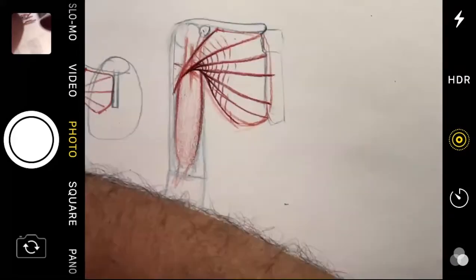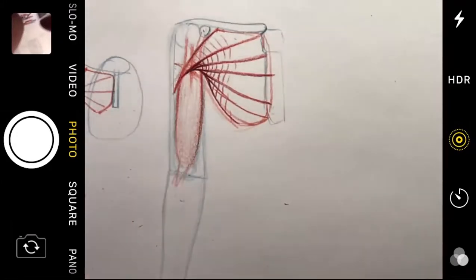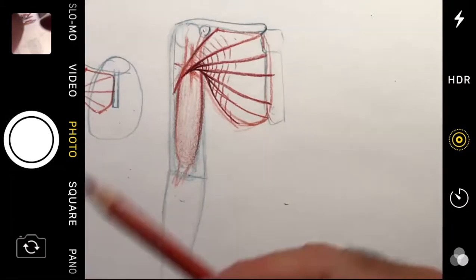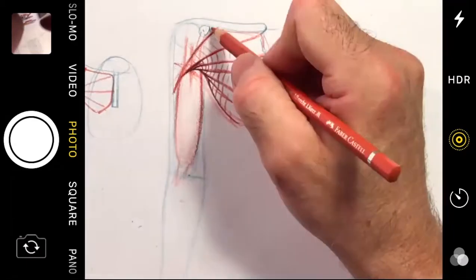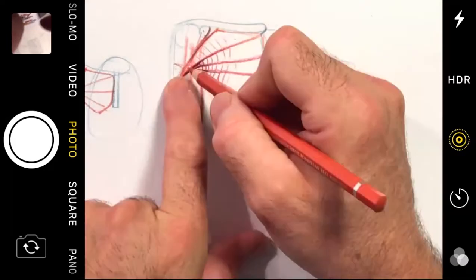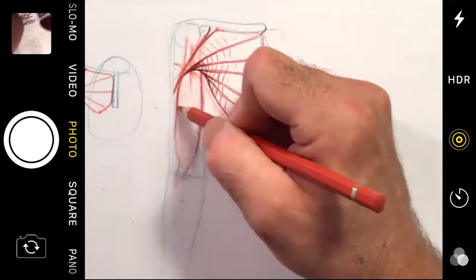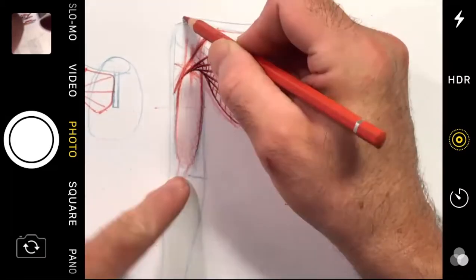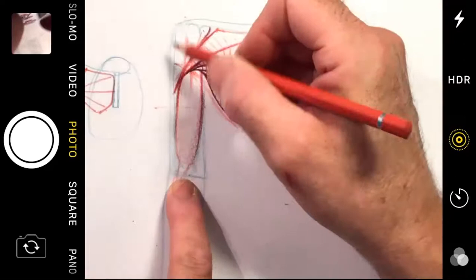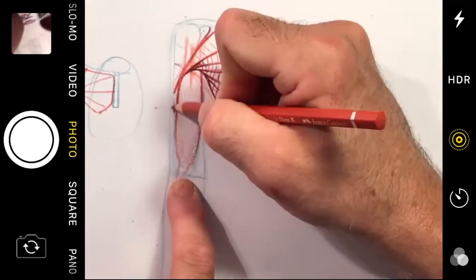Actually, I need a softer pencil. Covers the coracoid here, right? And goes a little bit over the tendon of the pectoralis and goes down about halfway the total length of the upper arm, disappears behind the volume of the bicep here.